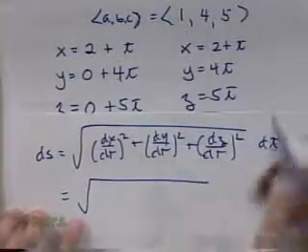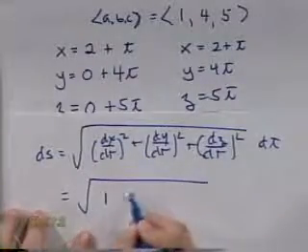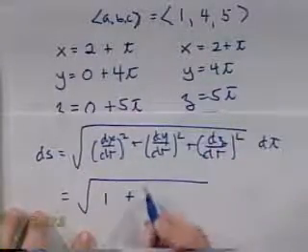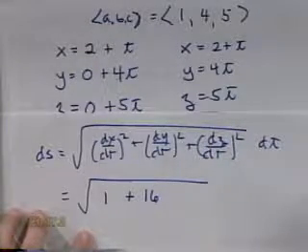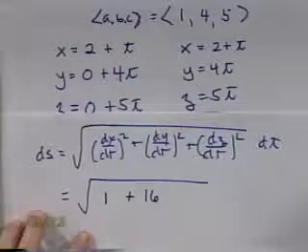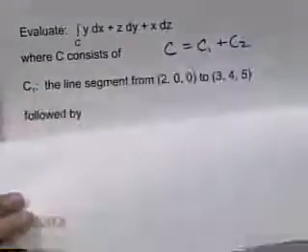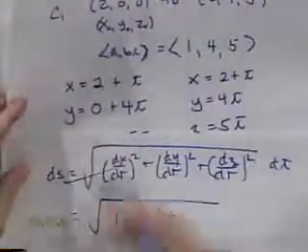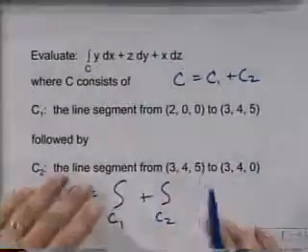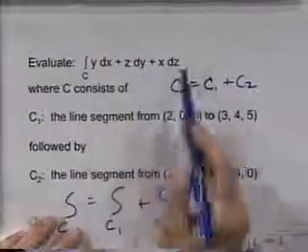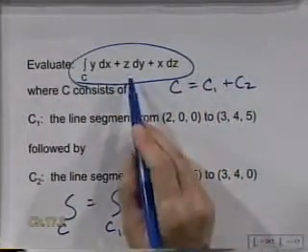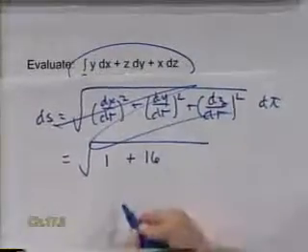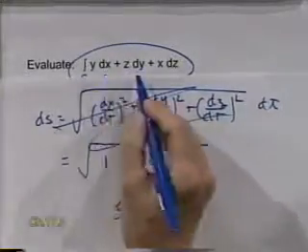So it's the square root of, let's see, dx/dt is just 1, so it's 1 squared, plus dy/dt is 4, square it gives me 16, dz/dt is 5, square it gives me, oh, excuse me. I'm looking back at the integral. This integral is not of some function ds. Notice it's the integral of y dx plus z dy plus x dz. It's not with respect to ds, so I apologize. Get rid of that. We're going with respect to x, y, and z.